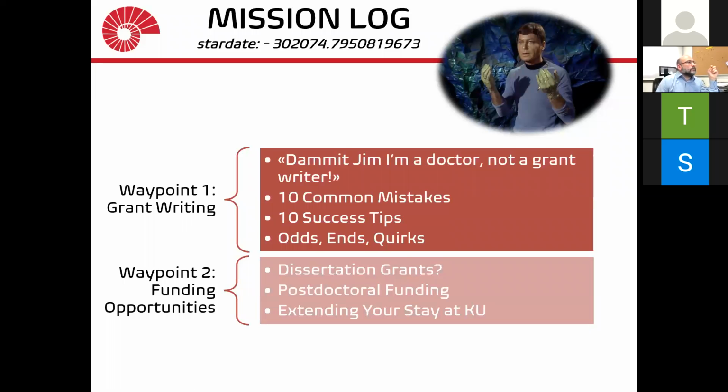Some of you might have already published stuff in academic journals. The approach to academic writing is a bit different in grant writing. So I'm going to try to compare and contrast, perhaps.